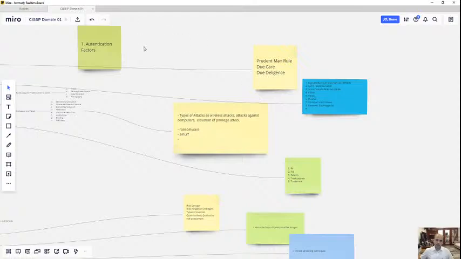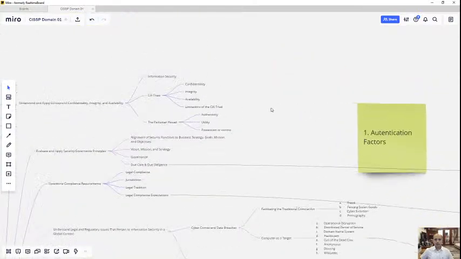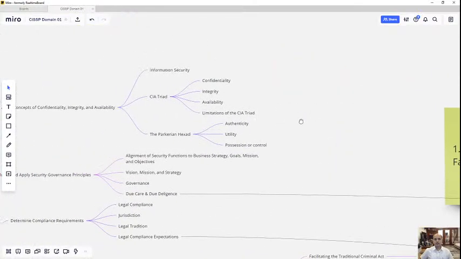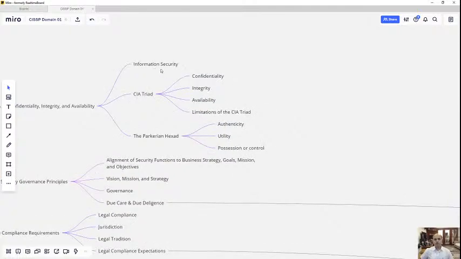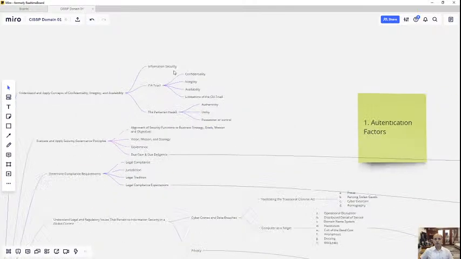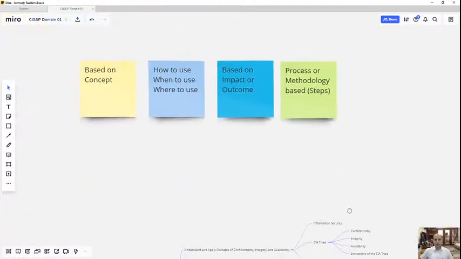So I'm just taking an example here. If we are going to discuss information security, then we have categorized all four different types of questions related to information security. It means the concept of information security, how to use information security, when to use it, where to use it, and when we have implemented information security somewhere, how exactly the impact of the same will be, and what are the steps of methodology to implement information security in any particular environment.